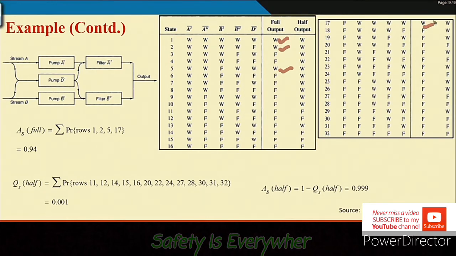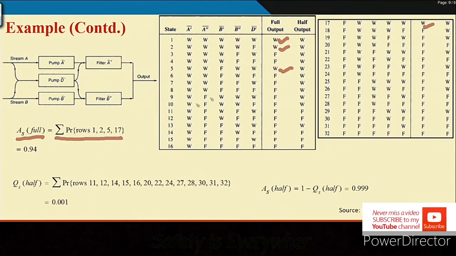All other cases it is not possible. As a result, we are writing AS full is the summation of probability of rows 1, 2, 5 and 17. And you know the probability values for working, that is known to you. Now if you find out the probability of the first row, second row, fifth row and 17th row and you add them, you will be getting AS full is this.